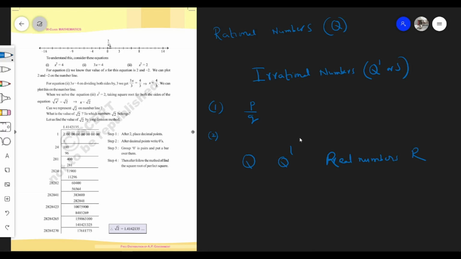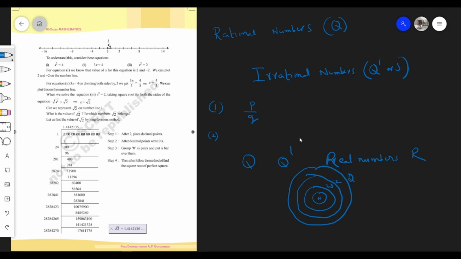Remember, both are separate. We cannot separate natural numbers, whole numbers, integers from rational numbers, but irrational numbers can't be clubbed with rational numbers. See, if I write N like this, W like this, Z like this, and then Q like this, Q has all the things inside it.